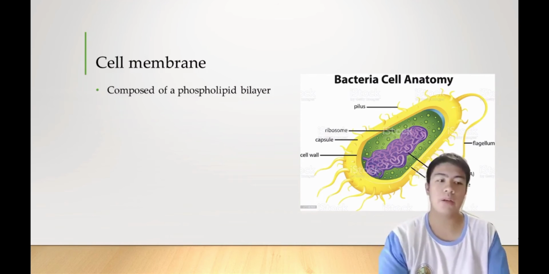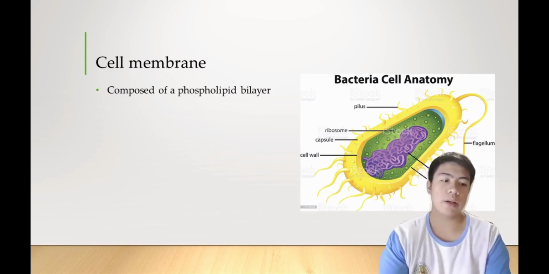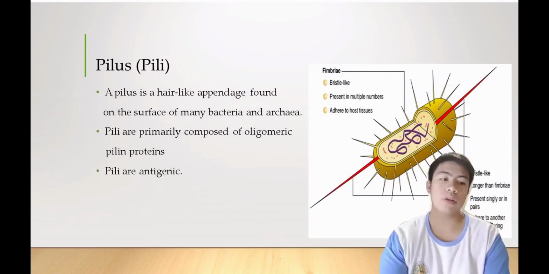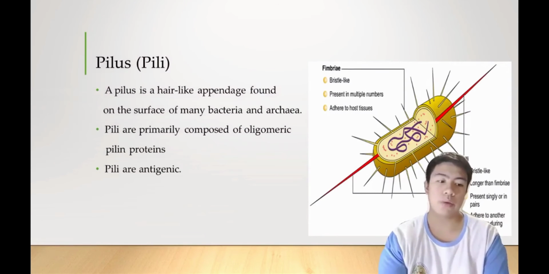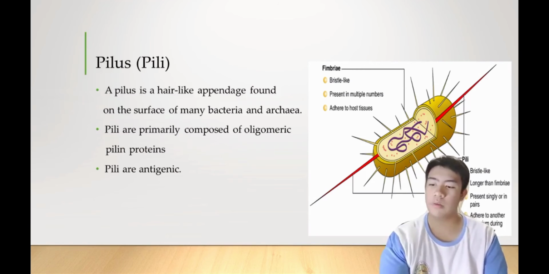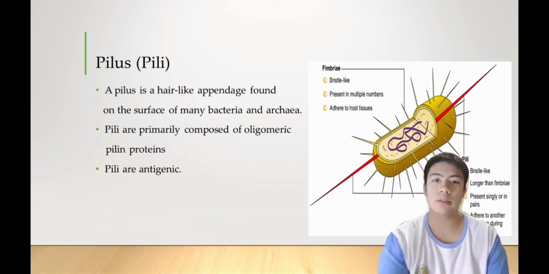Number 4. Pilus or pili. A pilus is a hair-like appendage found on the surfaces of many bacteria and archaea. Pili are primarily composed of oligomeric pilin proteins. Pili are antigenic. So the primary function of this is to attach or bond the bacterial cells to other cells. Number 5.